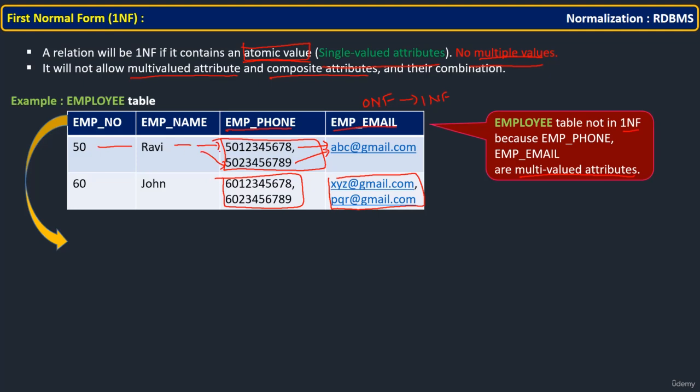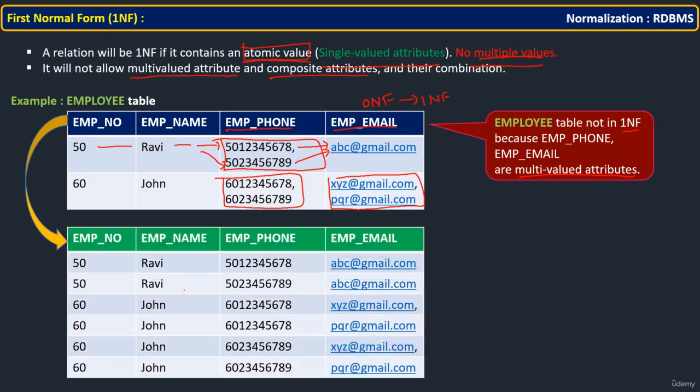That means this Ravi record is going to exist two times. You can see the clarity here: this phone number with the other cell data, and this phone number with the other cell data. So now this is one record, this is one record.